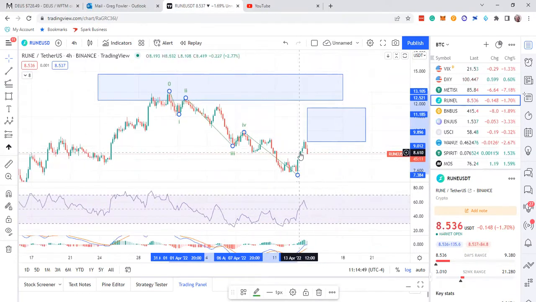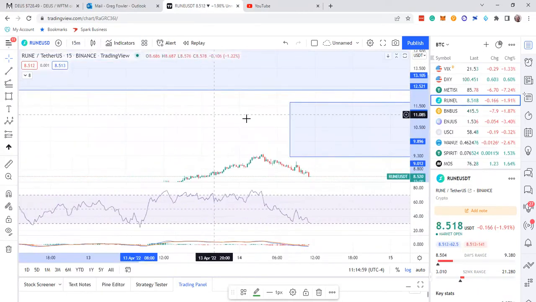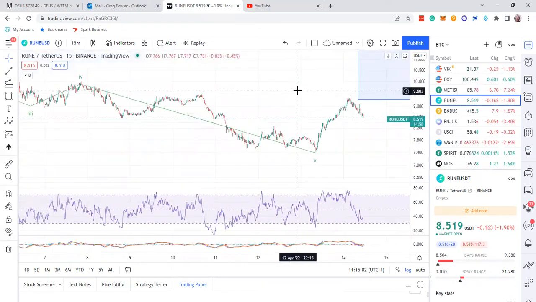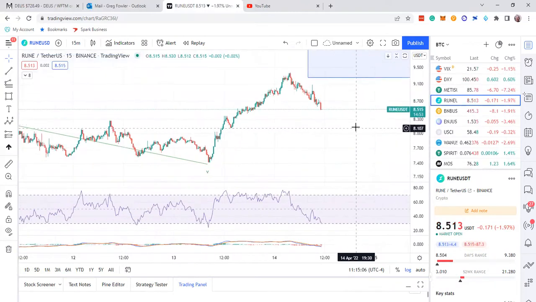Some people are going to go in and say, well, what's this over here? This is a 1-2, Greg. Well, maybe it is a 1-2. Let's go deep into that. Maybe it is a 1-2.